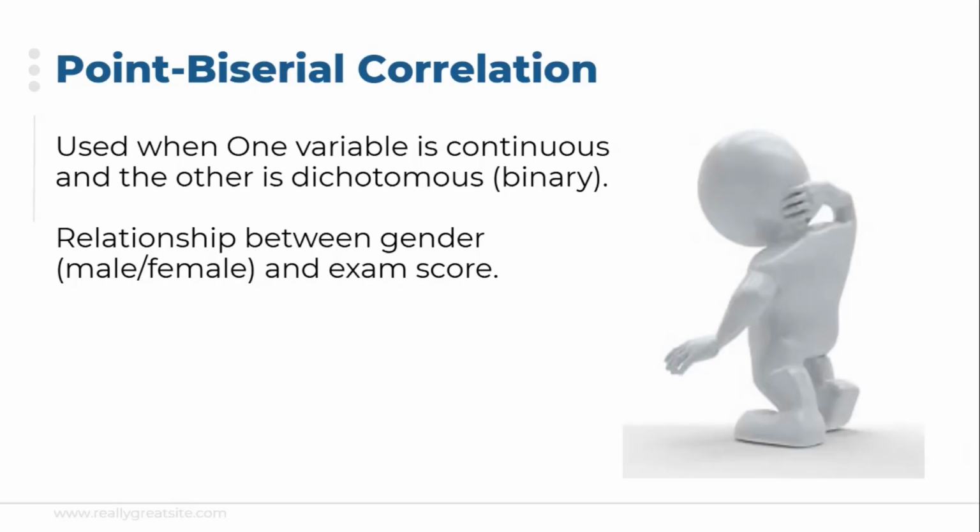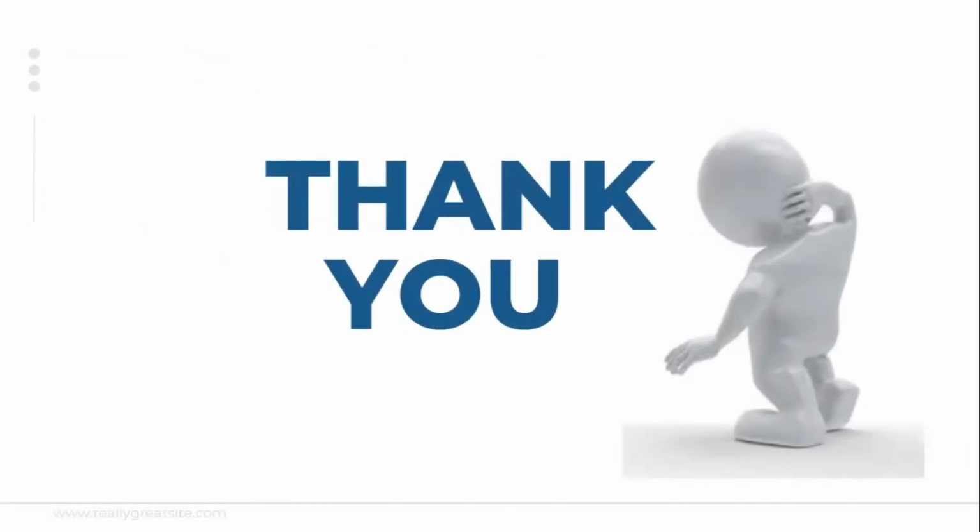You will see that the gender variable is a dichotomous variable. It is a binary variable, okay? And then the examination score variable is a continuous variable. So if you have a case like this, then you're going to do the point-biserial correlation. And basically, that is what we are going to be doing.